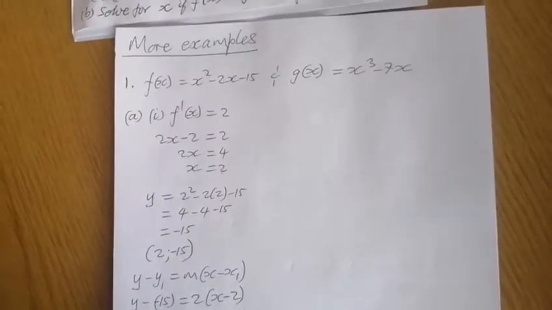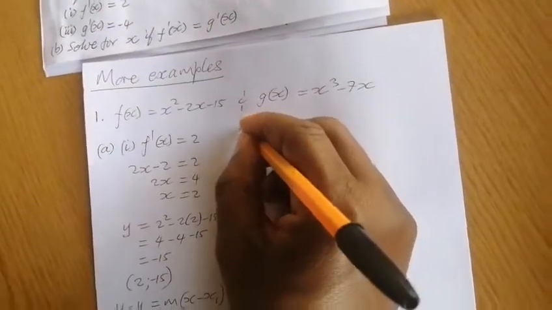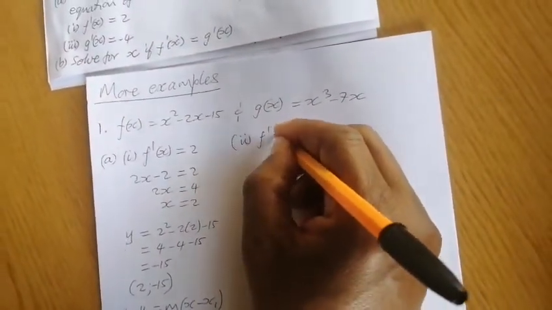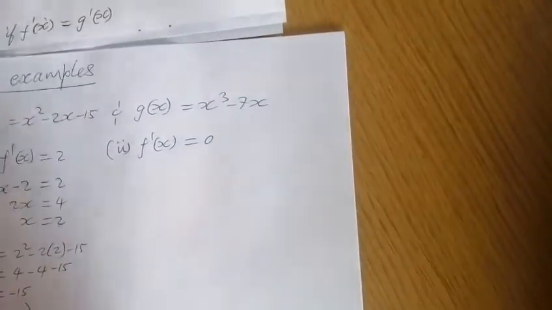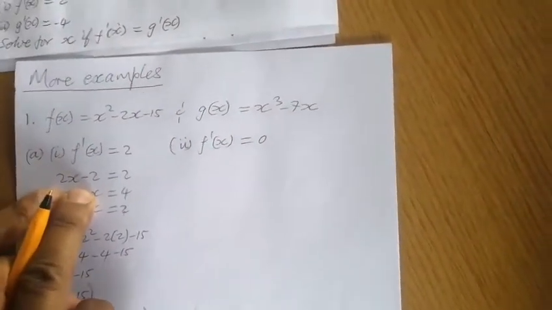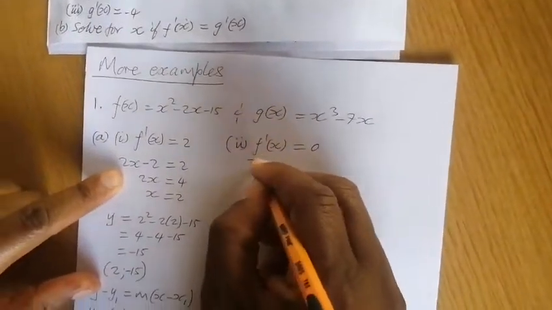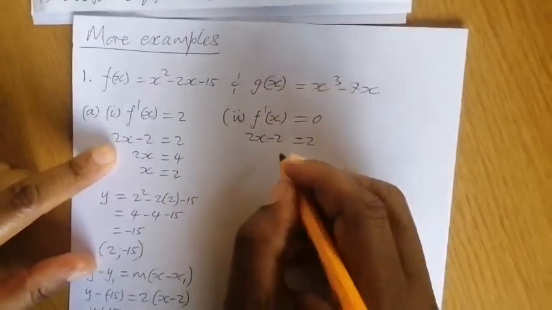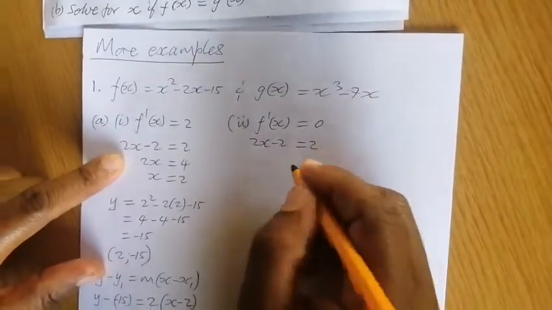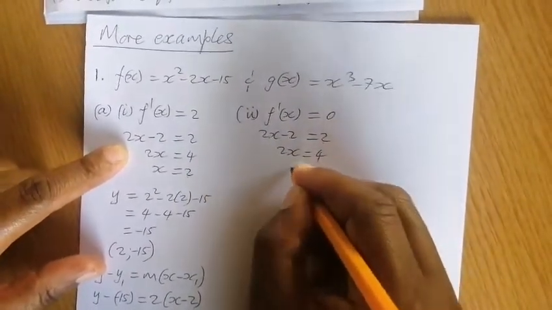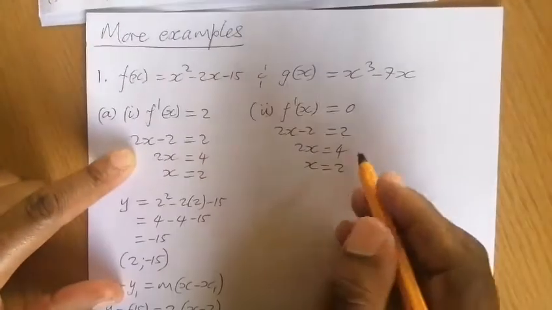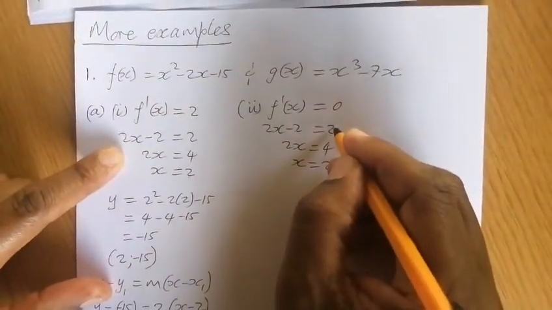Then part 2 is saying when f dash of x is equal to 0. We already know what f dash of x is because we used it in part 1. So it's 2x minus 2. Okay, I had initially made a mistake here.